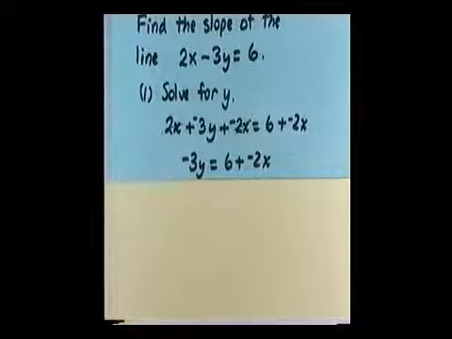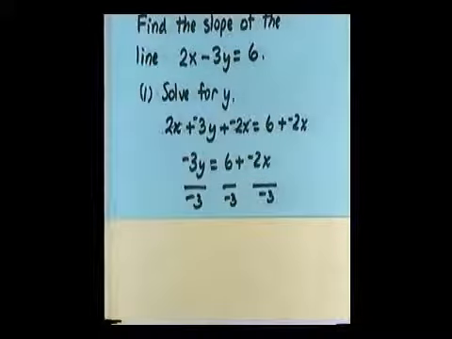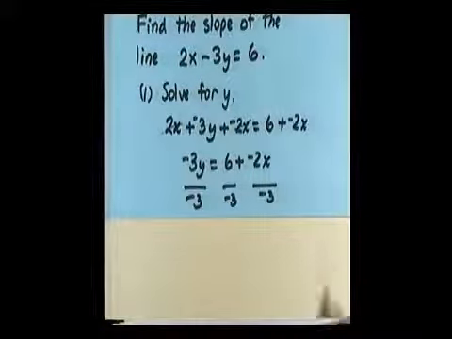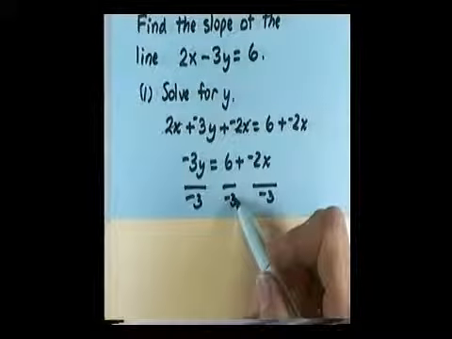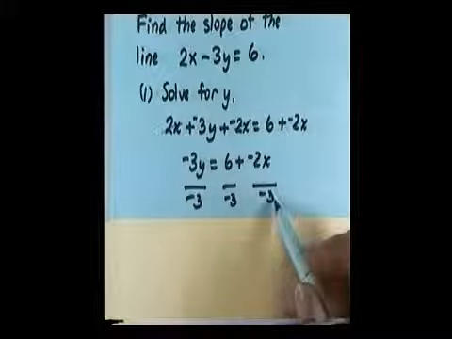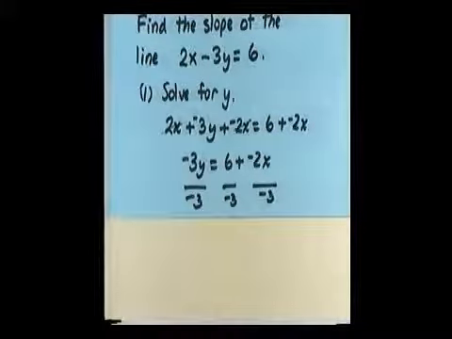To get the y by itself, we must divide by negative 3. And so we'll divide every term by negative 3. On the left-hand side, the negative 3's cancel, leaving us with y. On the right-hand side, 6 divided by negative 3 is negative 2, and negative 2x divided by negative 3 is positive 2x over 3.